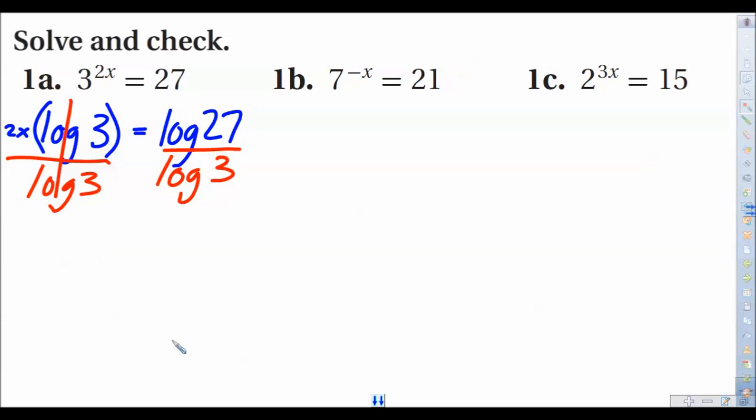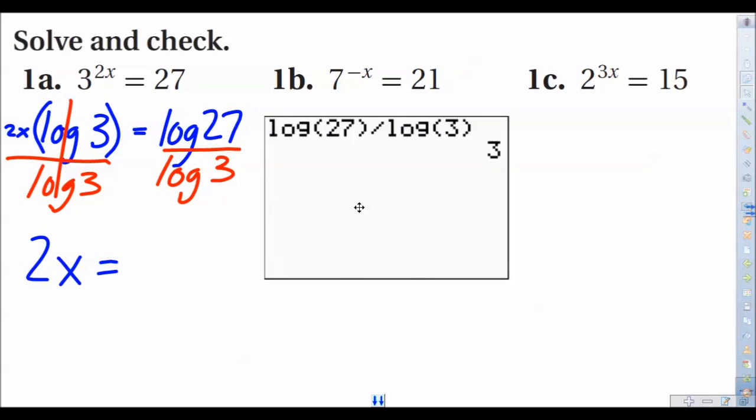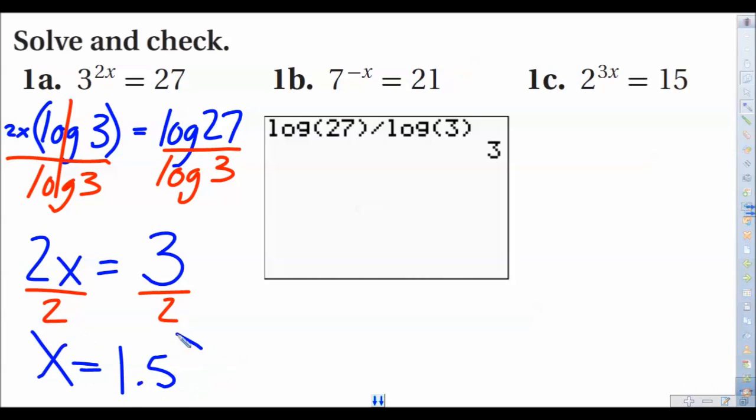So once that cancels out, now we have 2x being equal to the log of 27 divided by the log of 3. So according to that, it tells us that we have a 3 right here. And so then to solve for x, we have to divide by 2. And so then x is going to be equal to 1.5.